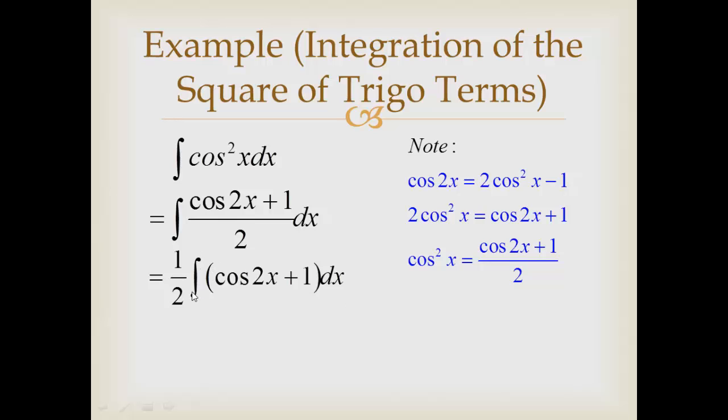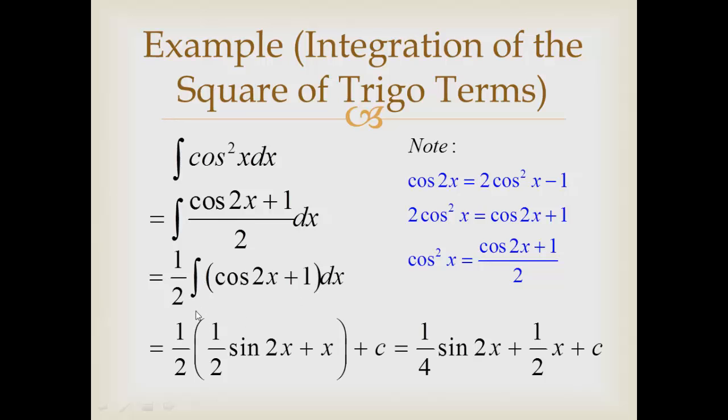Again, I distribute the integration among the two terms. So integrating cos 2x dx will yield half sine 2x, plus integration of 1 dx will yield x. So the whole thing is bracketed with half in front, plus c.